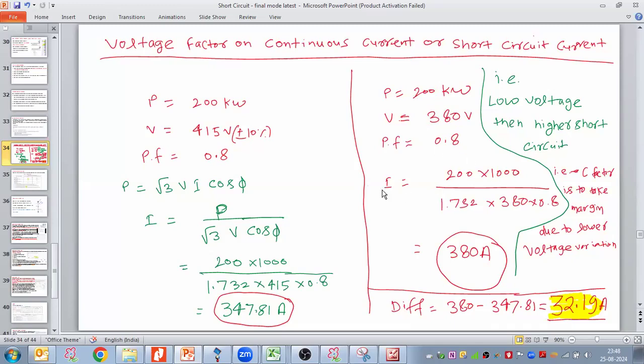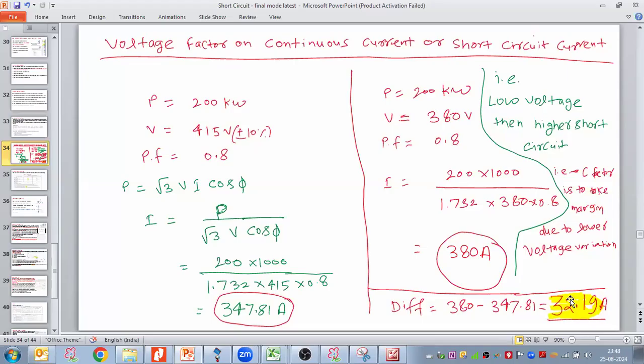Taking the same thing, but with the voltage at the terminal of the motor at 380 volts, my current comes to 380 ampere. Everything is the same, but my current drastically changed from 347 to 380. So the difference is 32 ampere.